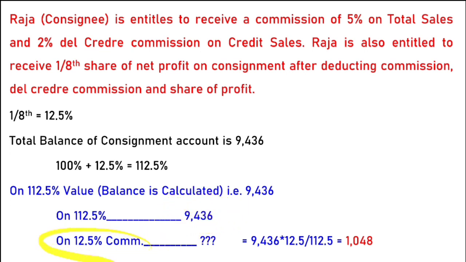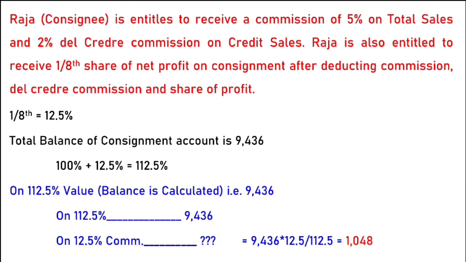So 12.5% પર એક્સ્ટ્રા કમિશન કેટલું? તો એ આપણે કેલ્ક્યુલેટ કરીશું. So we'll get 1,048. ના સમજાય તો 5 મિનિટ પાછા જાઓ, ફરીથી સમજવાની ટ્રાય કરો. This is the most important aspect of this practical example. આ સૌથી મહત્વનું છે, એક્ઝામિનેશનમાં હોઈ શકે છે.